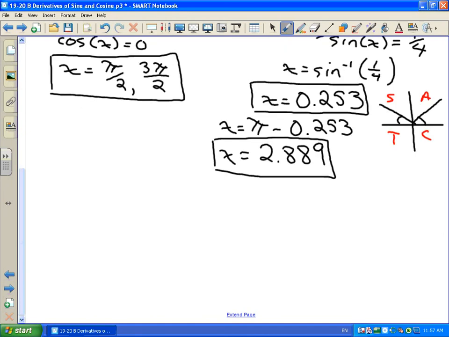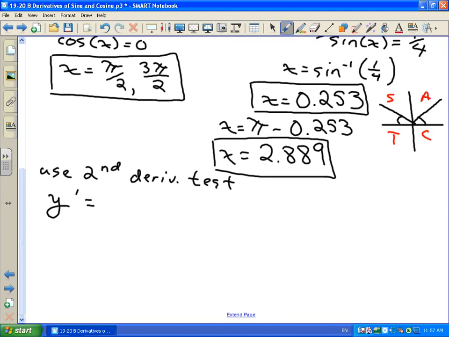What can we use to figure out if these are maxima or minima? The second derivative test. So we are going to use the second derivative test. So we need our second derivative.